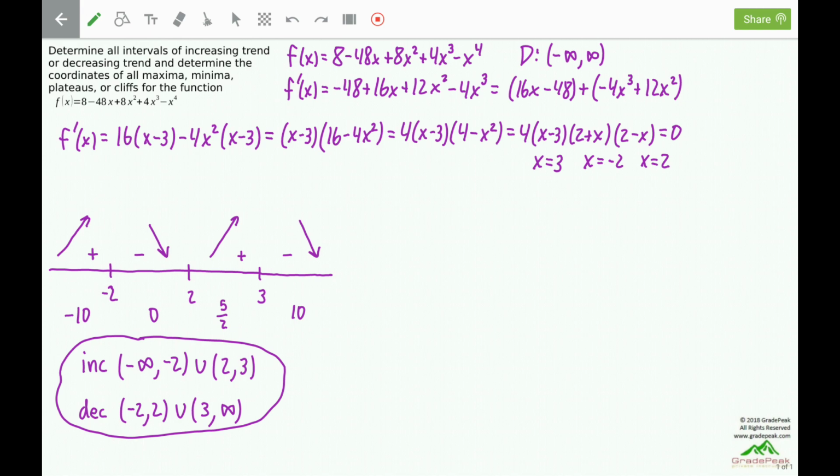At the critical number of x equals negative 2, the trend is changing from increasing to decreasing, which means that there is a relative maximum at x equals negative 2. So it has an x-coordinate of negative 2. It'll have a corresponding y-coordinate that can be found by plugging the x-coordinate into the original function.